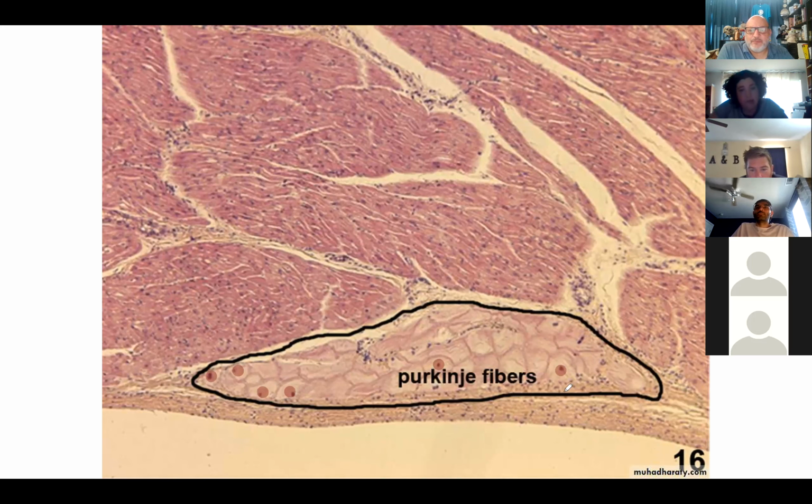So we have these big kind of pillowy, non-striated cells that are not fat, not muscle tissue, clearly something else. And is that something else something you're able to distinguish histologically? Absolutely. If you notice on your histology handout, you are responsible for these Purkinje fibers.